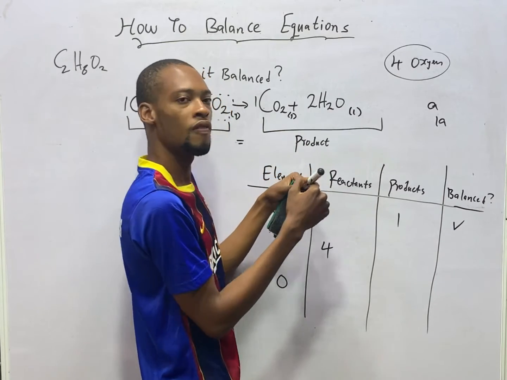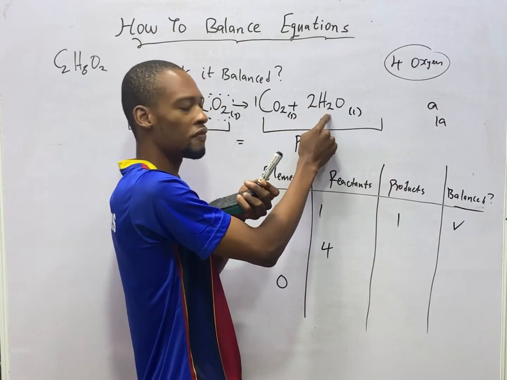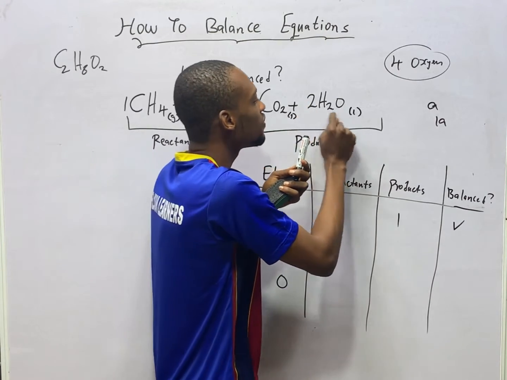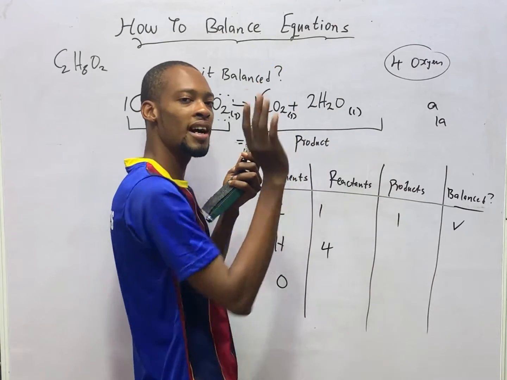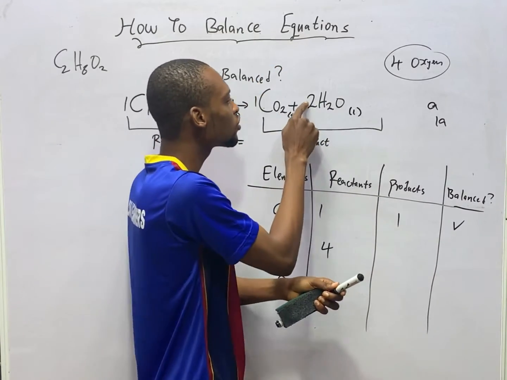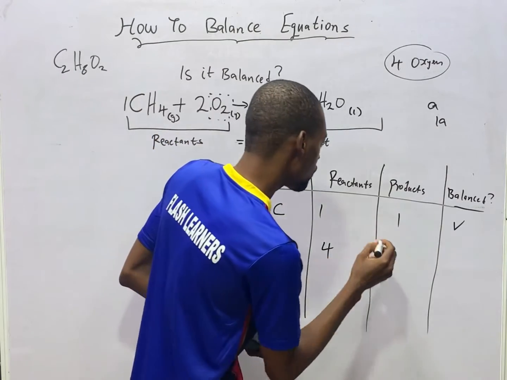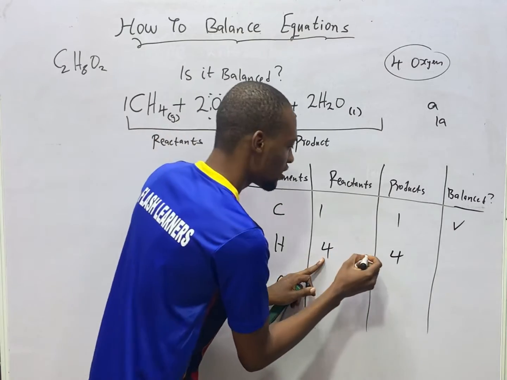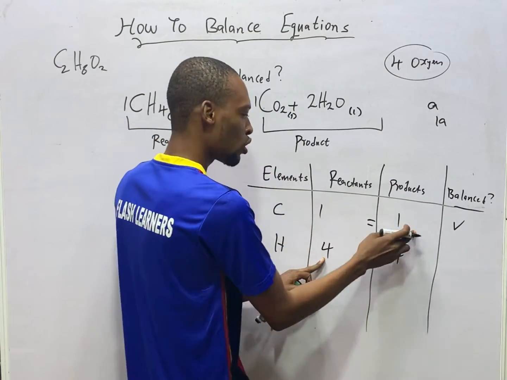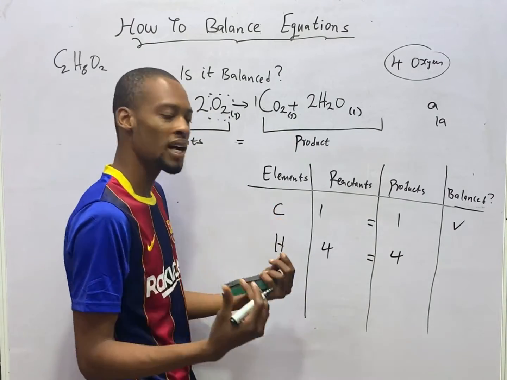I told you that this 2 is affecting everything here, both hydrogen and oxygen, but this 2 is affecting just hydrogen. We simply say 2 times 2. What does that give you? 4. So in the product side, hydrogen is 4. So reactant 4 equals product 4, meaning hydrogen is balanced.